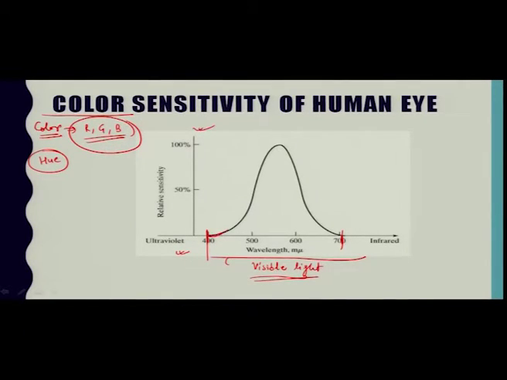As the wavelength increases, the relative sensitivity becomes higher, and at a certain value of wavelength it goes on decreasing. This color sensitivity can sometimes be exploited in the design of tasks requiring visual performance. You can see from this figure and develop understanding of the color sensitivity which a human has.